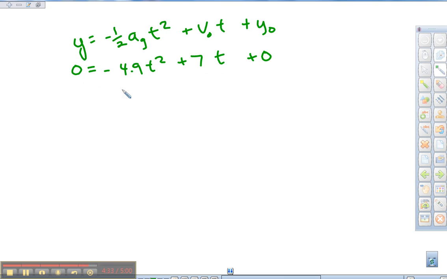And so anyway, you go through all your calculations here, and you end up with negative 4.9t plus 7 equals 0, or t equals 0. I skipped the factoring, but anyway, it happens. And so then you get 4.9t equals 7, and t equals 7 over 4.9.